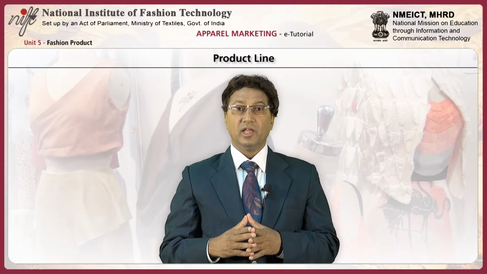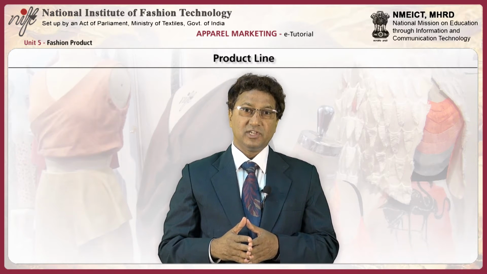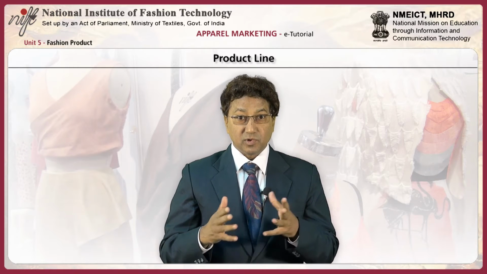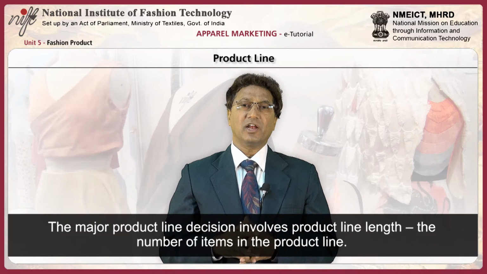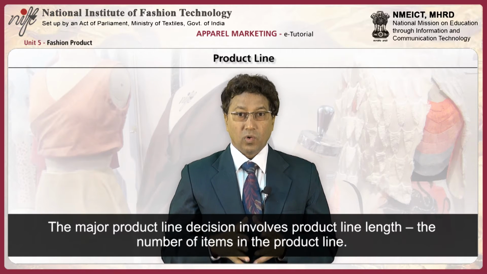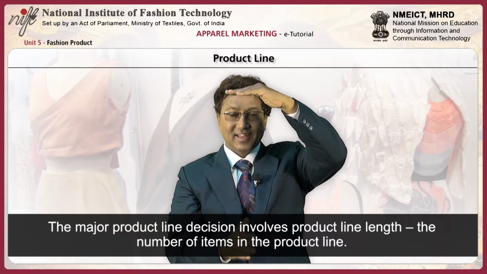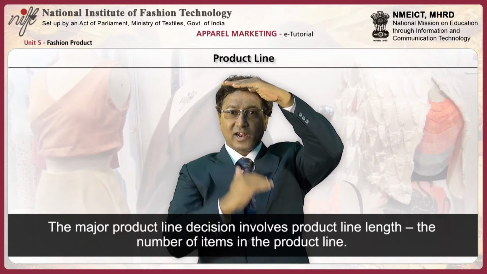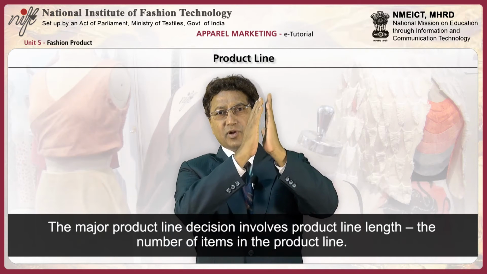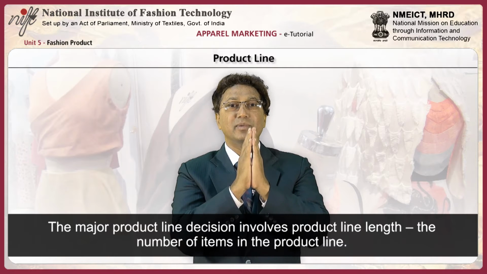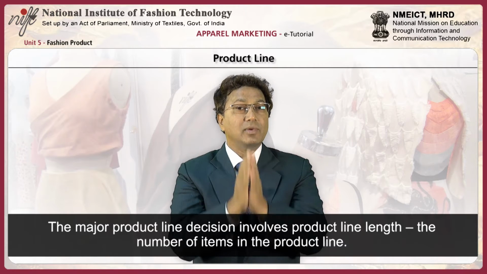For example, Puma produces athletic and casual footwear and sportswear. The major product line decisions involve product line length, that is, the number of items in the product line. The length of the product line is vital in decision making in terms of profitability.